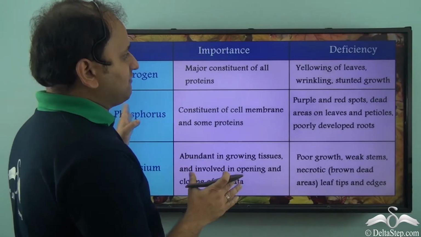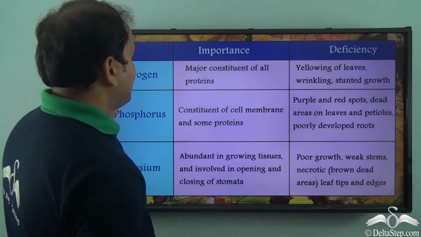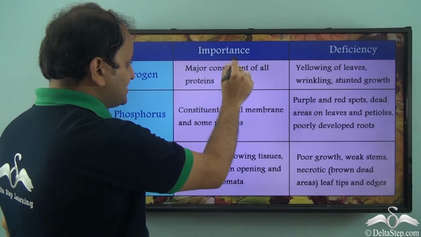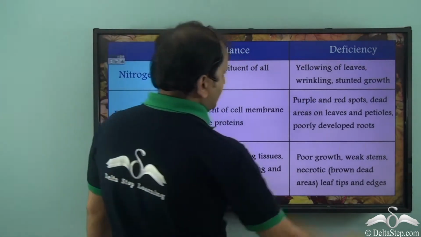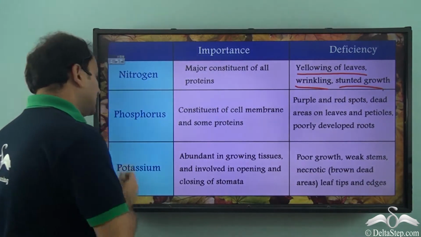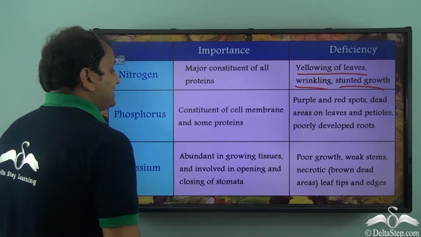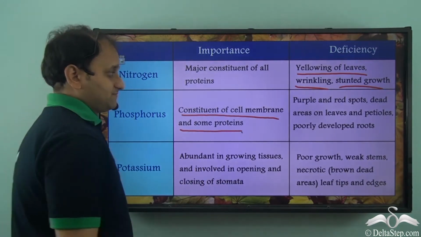Now let's quickly revise the major macronutrients for plants. First of all, we have nitrogen. What is the importance? It is a major constituent of all proteins. And what are the deficiency symptoms? Yellowing of leaves, wrinkling and stunted growth. Now let's come to phosphorus. Its importance is that it is a constituent of cell membrane and some proteins.